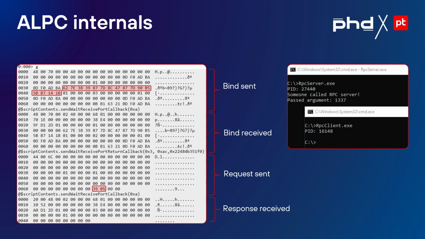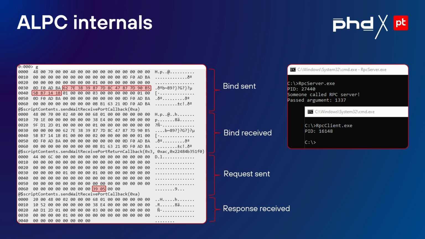And we see that the first request contains the interface ID, and the request will be sent there. Then there's a response from the server, and then some procedure gets called, T35L5, 1337. These are arguments that are being passed. Also in this package, you can find the procedure number that's being called.